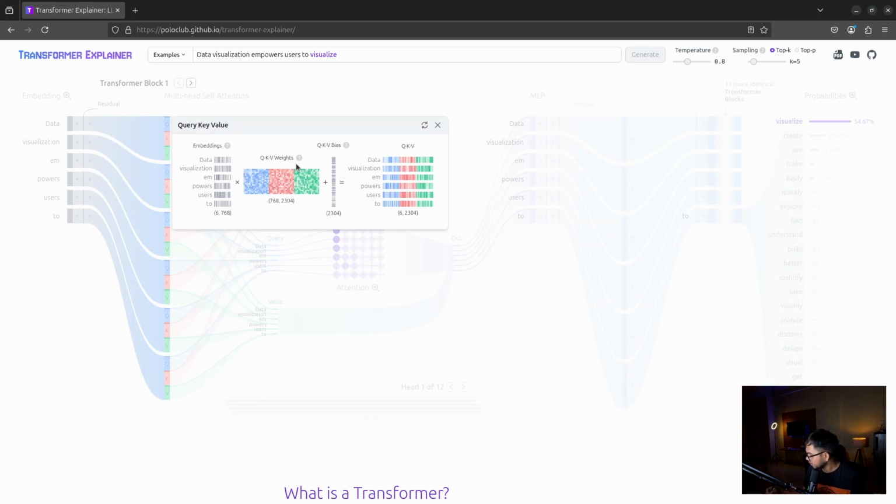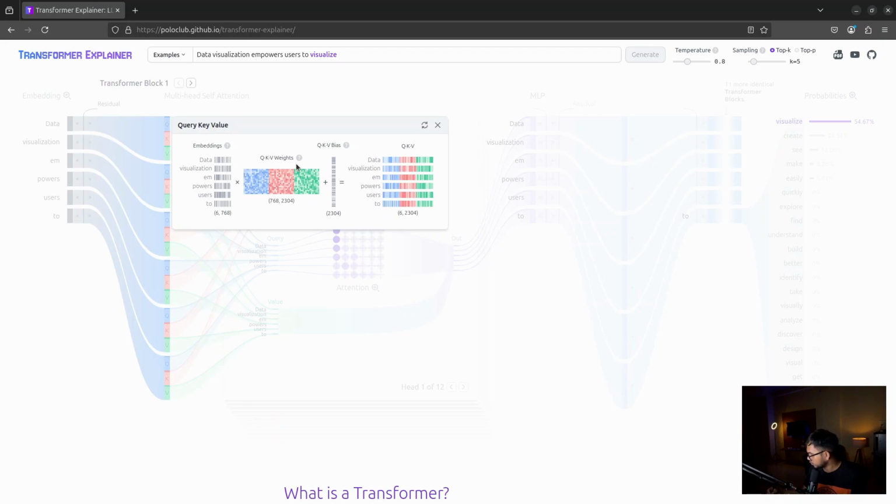Then you add the bias, which has the dimension of 2304, and you get the same dimensional matrix, 6 by 2304. This is the output matrix which has the information of Q, K, and V.